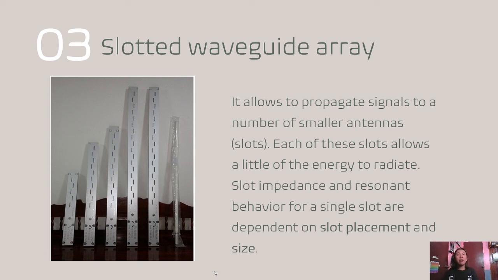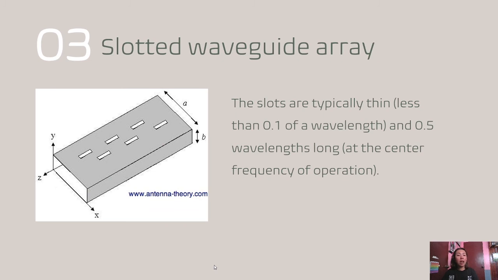Slot impedance and resonant behavior for a single slot depend on slot placement and size. The slots here are typically thin, less than 0.1 of a wavelength, and 0.5 wavelengths long at the center frequency of operation.